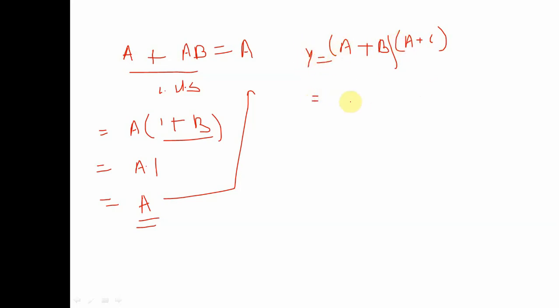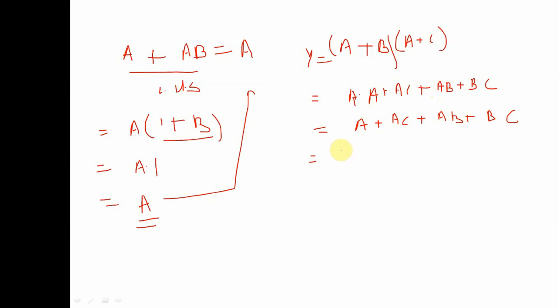A is multiplied with A, so A into A plus A into C plus A into B plus B into C. So A into A is nothing but A, plus AC plus AB plus BC.